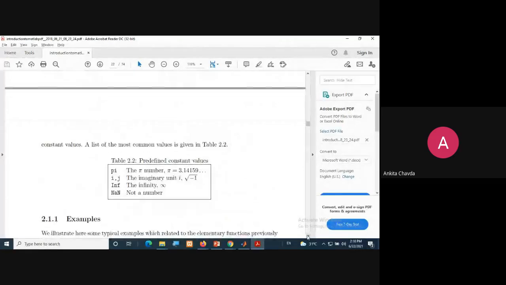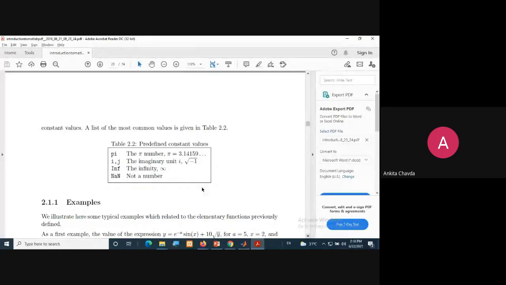Then these four are the predefined constant values, the predefined variables. If you write pi, it will show you the value of pi, as it already has a stored value of pi. Then i and j are used for the imaginary unit, meaning they hold the square root of minus 1.